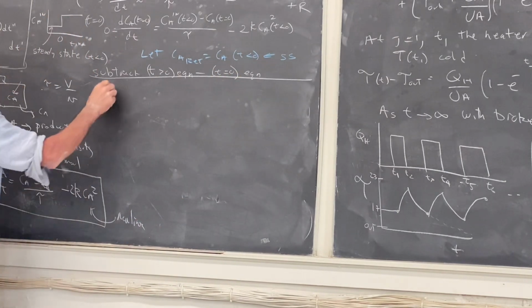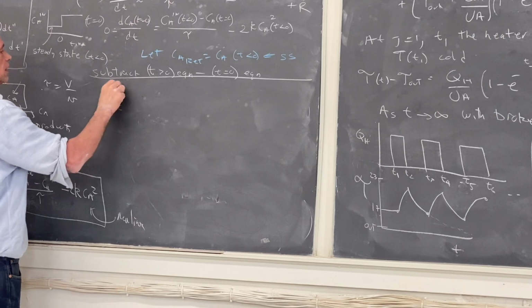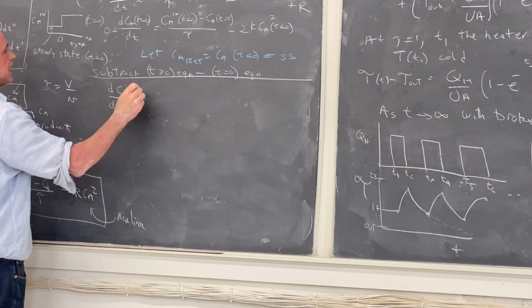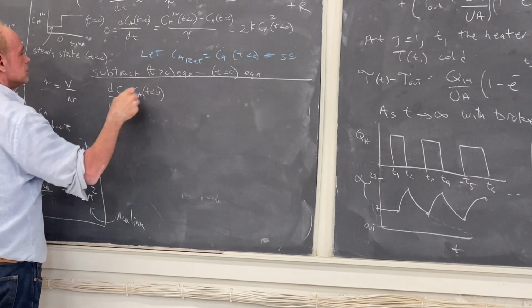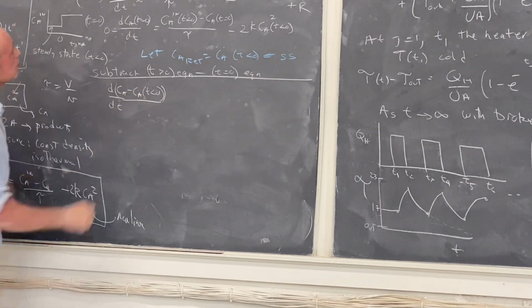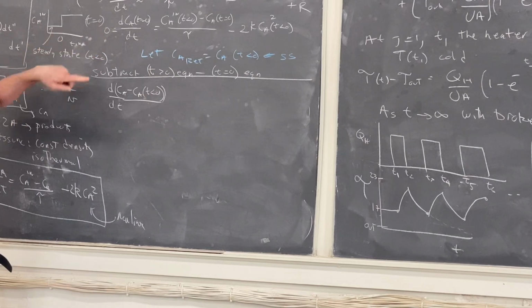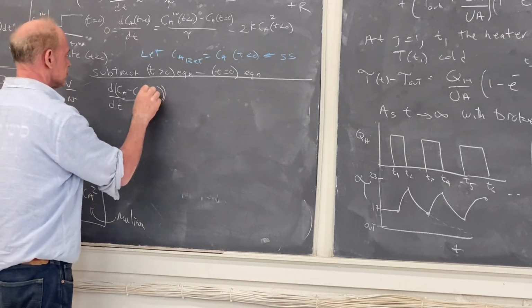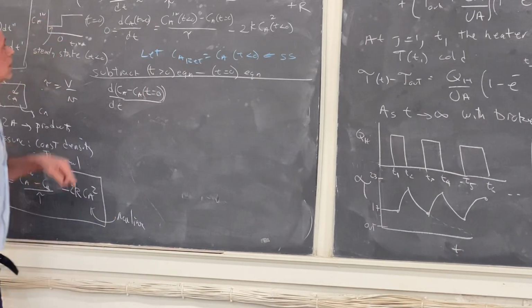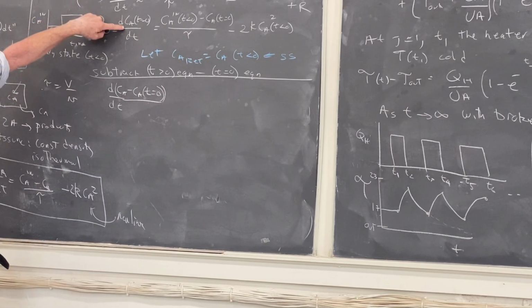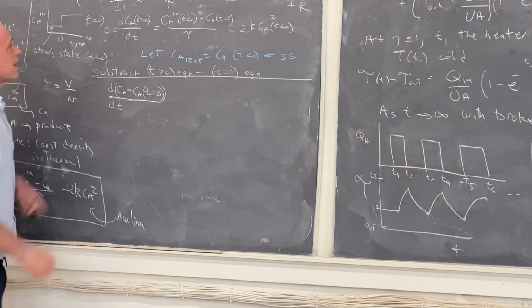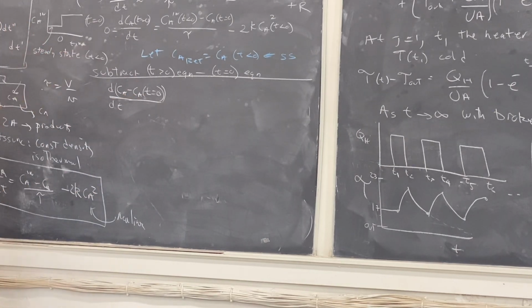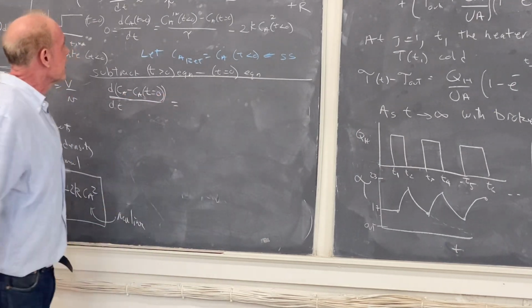So on the left, I have d/dt of CA minus CA at t less than 0. I could bring them both inside the derivative, and this guy was 0, so it's not a problem. Now let's notice what I have here.